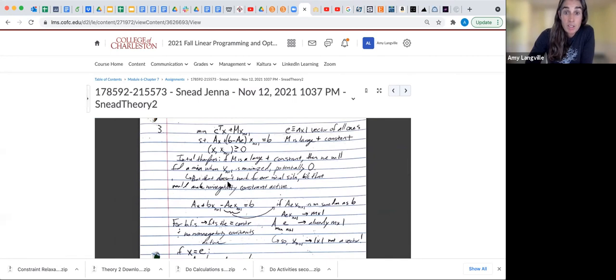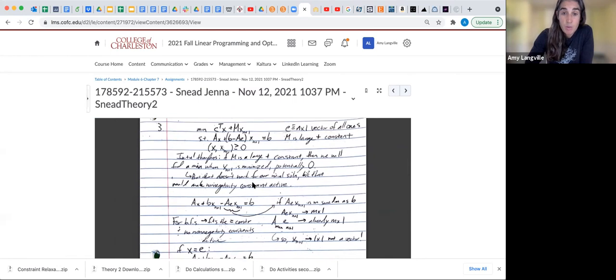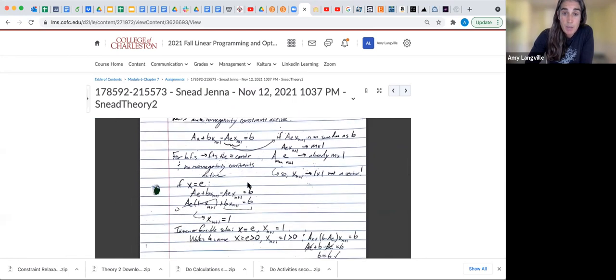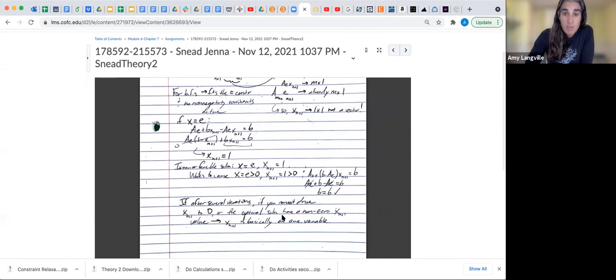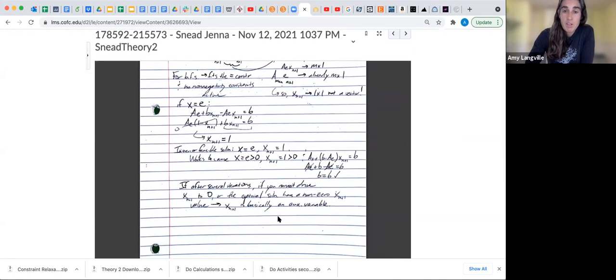Initially, I'm thinking this. I don't think I can get an initial solution doing that idea, but let's see what happens. Ultimately, she gets to the same place many of you did. If everything's all ones and that additional variable n plus 1 is 1, then we know we can solve this. Many people did connect this to the big M and the auxiliary variable. So nice job on that.